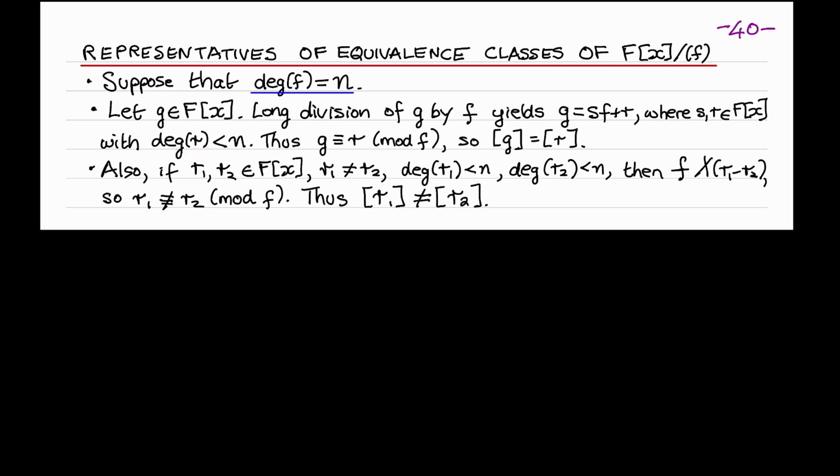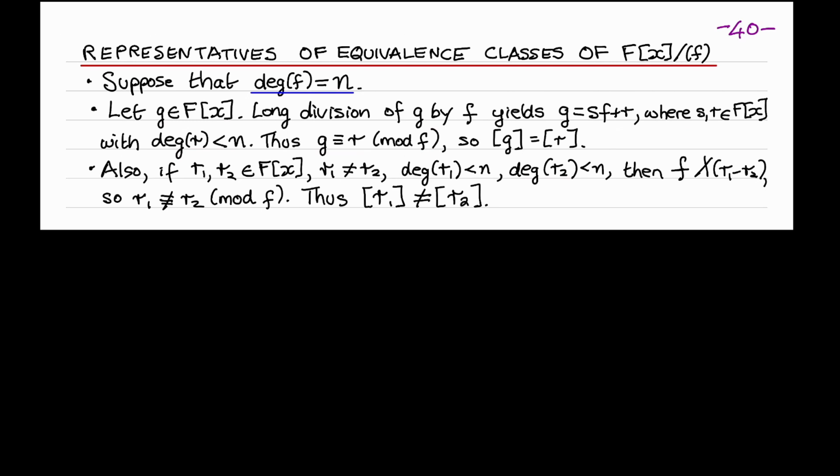And so, since g minus r is a polynomial multiple of f, g is congruent to r modulo f. And so the equivalence class containing g is the same as the equivalence class containing r. And so we can represent the equivalence class containing g by the equivalence class containing r, where r is the unique remainder polynomial upon dividing g by f.